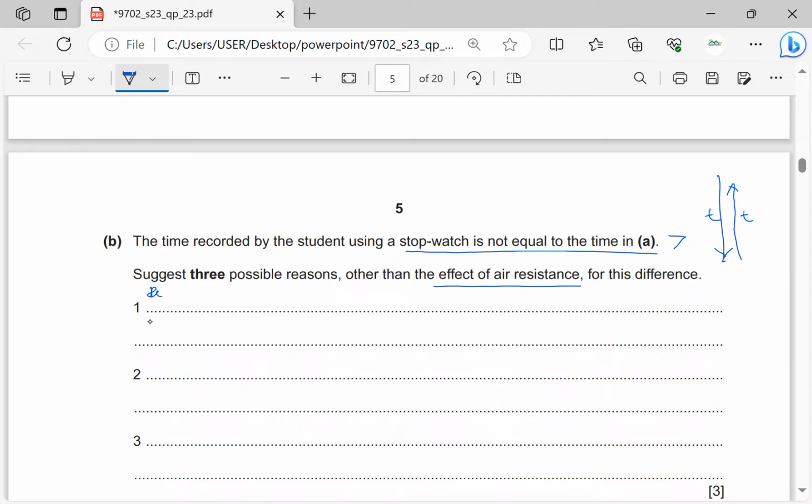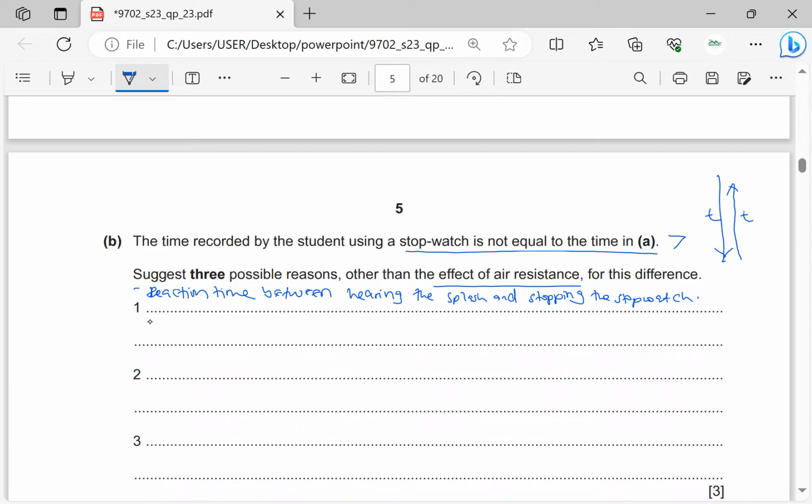So the student must hear the splash before he stops the stopwatch. So there's that time lag between hearing and stopping. That is the reaction time.